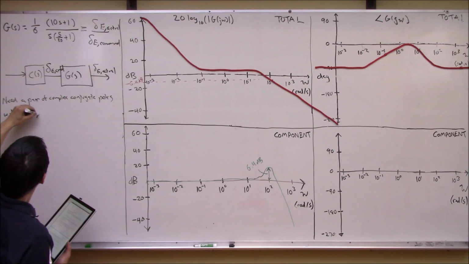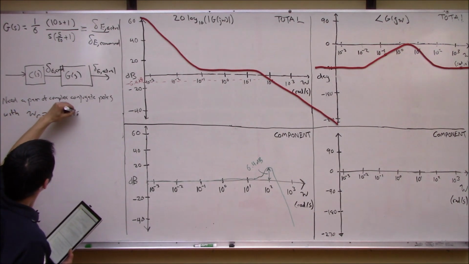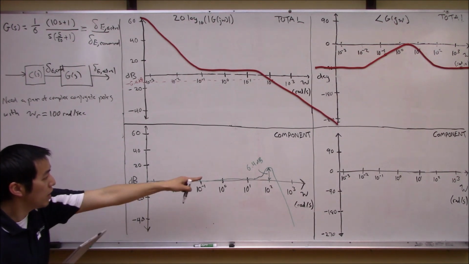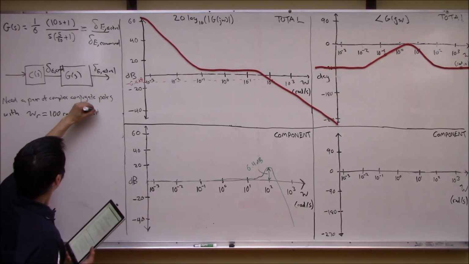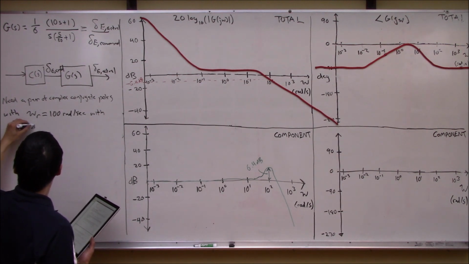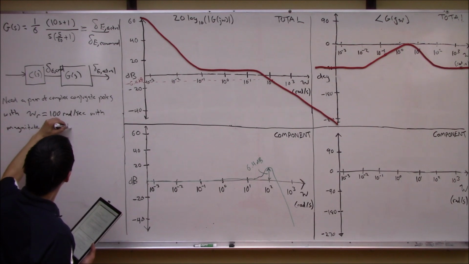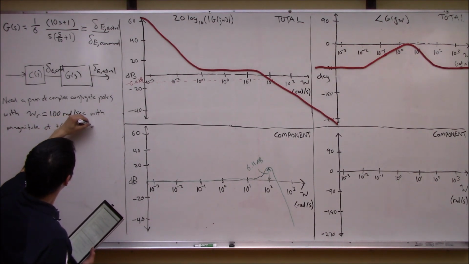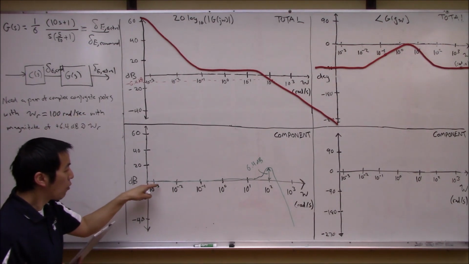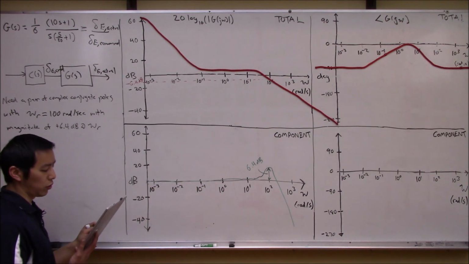We need its resonance frequency to be exactly 100 rads per second, right? And what we need here is a magnitude of positive 6.4 decibels at this resonant frequency, right? So I want to figure out what is the transfer function that will get me this frequency response that I showed here in green.